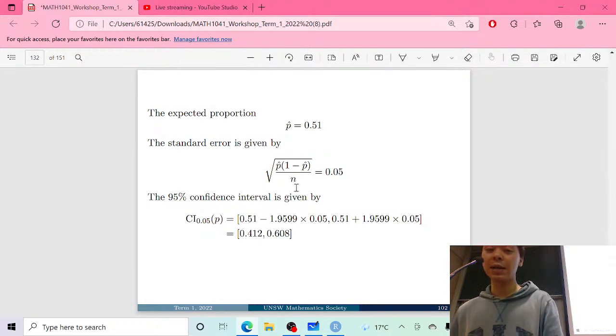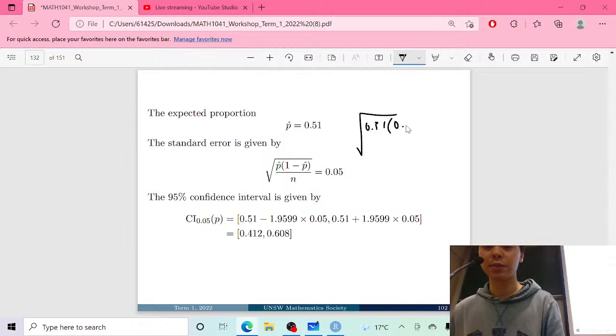The standard error is always given by this formula here, and that's equal to 0.05 once you plug everything in. So you get the square root of 0.51 times 0.49, because it's 1 minus 0.51, all over 100.